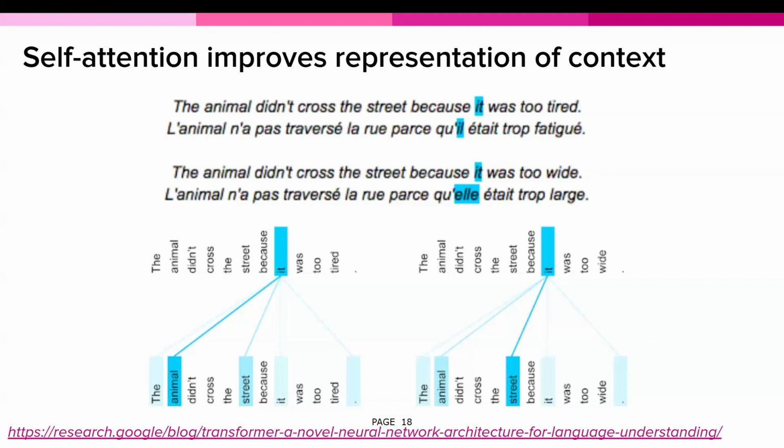Let's again consider a language translation problem, but consider how it looks with self-attention. Again, English to French. The input sentence is: the animal didn't cross the street because it was too tired. One thing that I haven't mentioned yet is that in French, every single noun has a gender assignment, so it's either masculine or feminine.